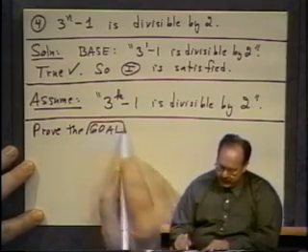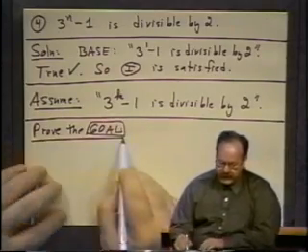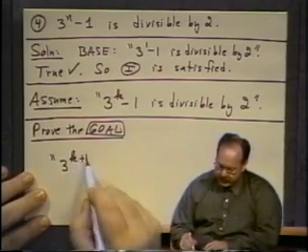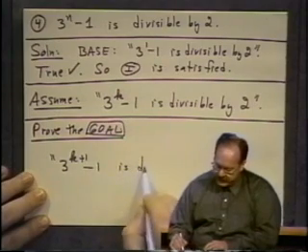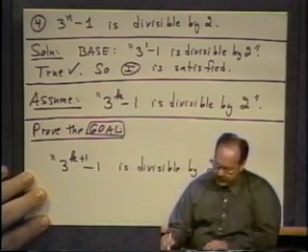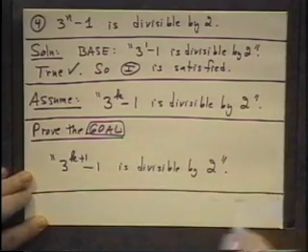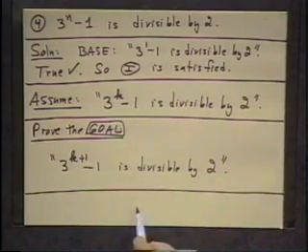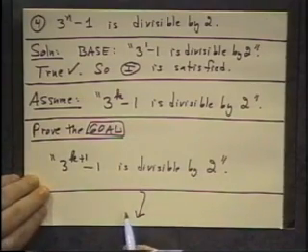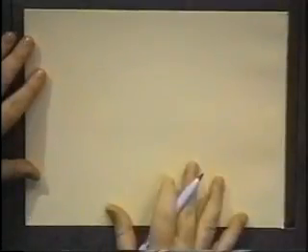And the goal here is this statement that 3 to the k plus 1 minus 1 is divisible by 2. And we'd hope that we can prove that using some methods that perhaps we haven't looked at before, but should not be too hard to figure. Okay, let's go ahead and try that.